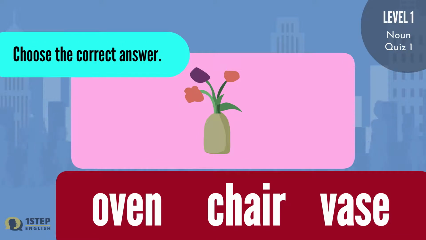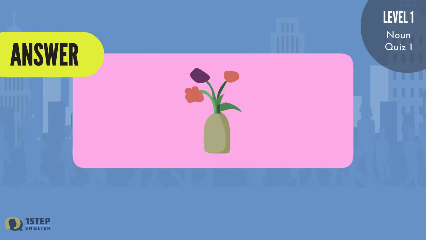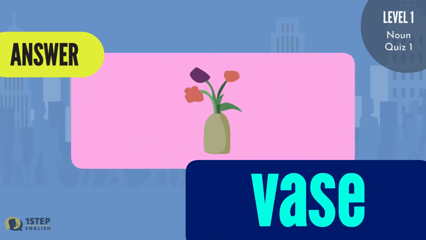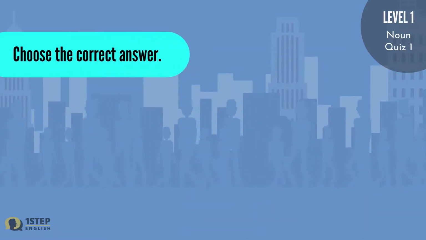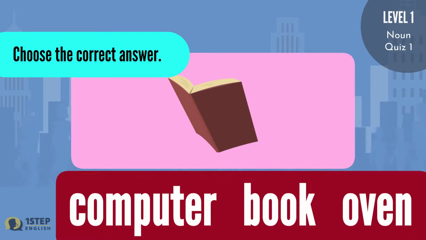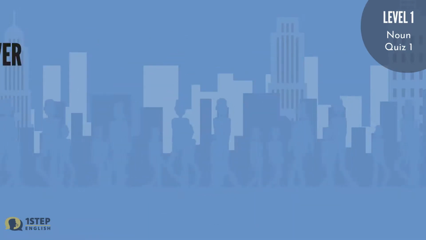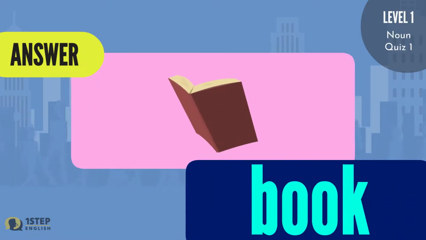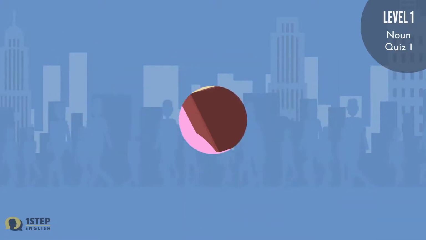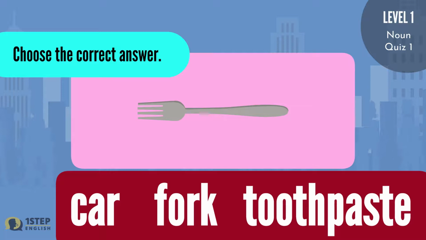What is this? The correct answer is vase. What is this? The correct answer is book. What is this?